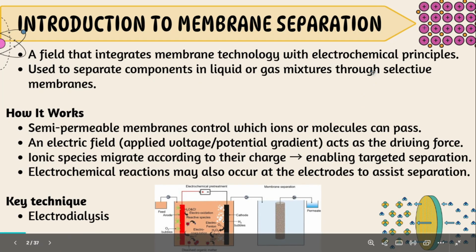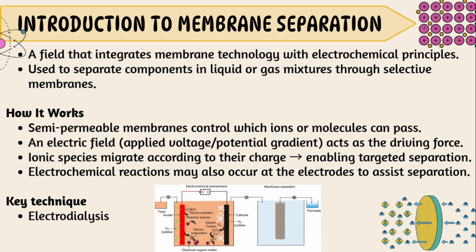To begin, I will first introduce the overall concept of membrane separation electrochemistry. Membrane separation electrochemistry is a field that combines membrane technology with electrochemical principles. It is mainly used to separate components from liquid or gas mixture using selective membranes.